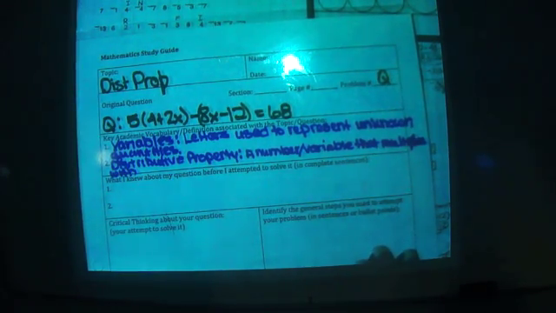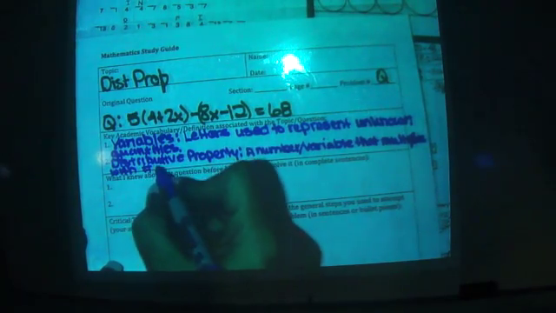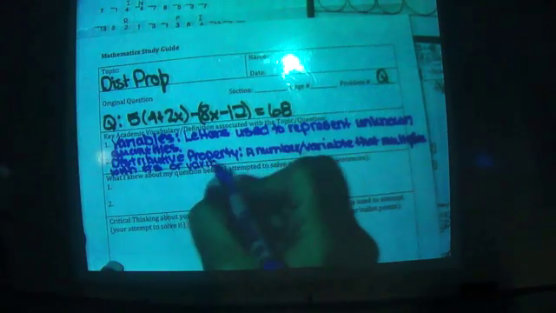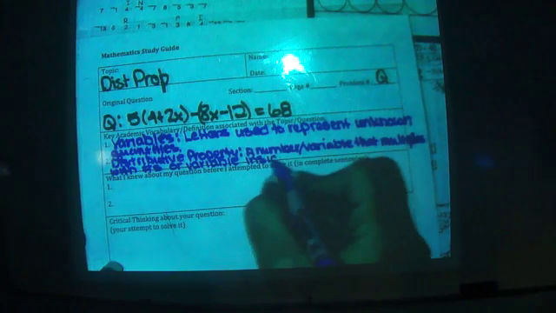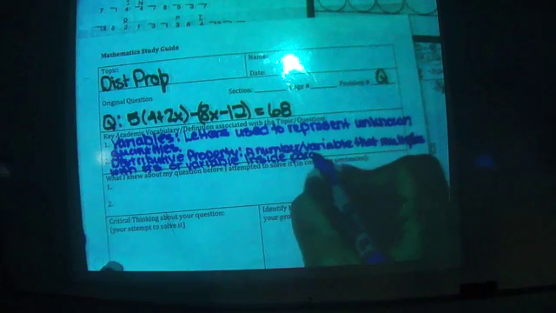Because you know you're going to do the rainbow with them. What is that? Numbers or variables inside parentheses. That's a good start.